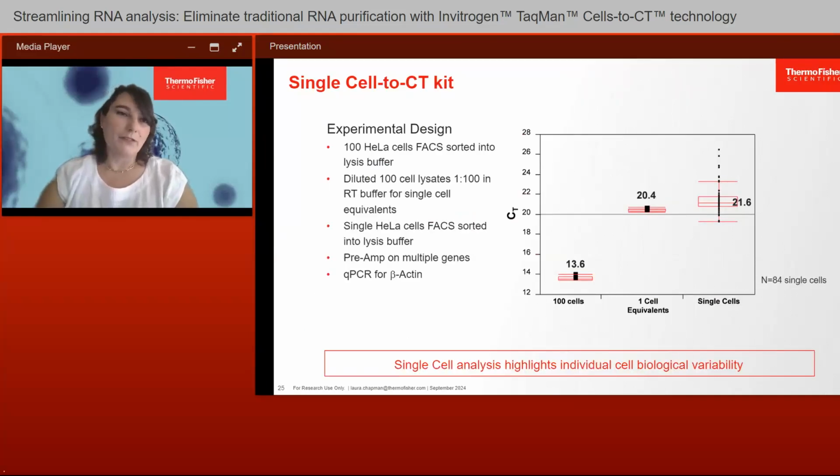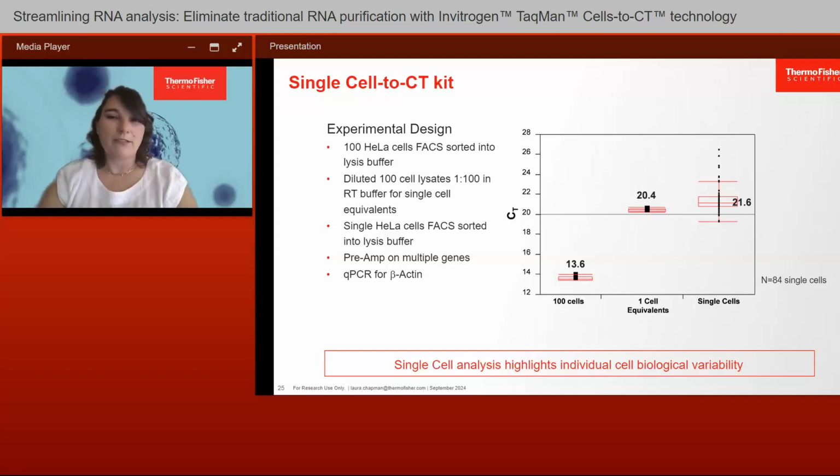This is an example of some data that really highlights the intriguing nature of single cells. As I mentioned, they are each individual cells and they respond differently and they have their own expression profile. And so here we FACS sorted either 100 HeLa cells into lysis buffer, or we FACS sorted individual cells, 84 individual cells into lysis buffer.